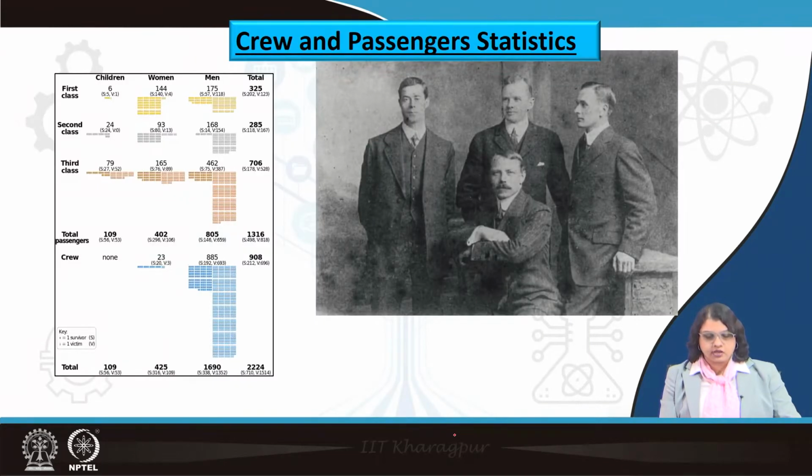So, this is the total statistics. There were around 2224 total passengers plus crew members, out of which 1514 lost their lives, and only 700 people survived.